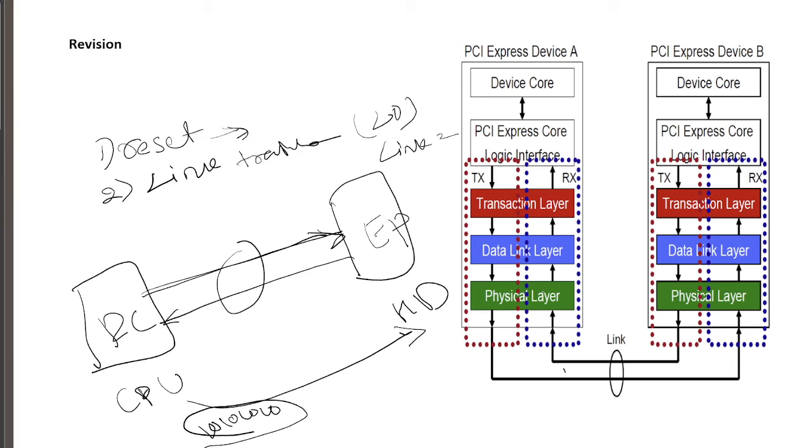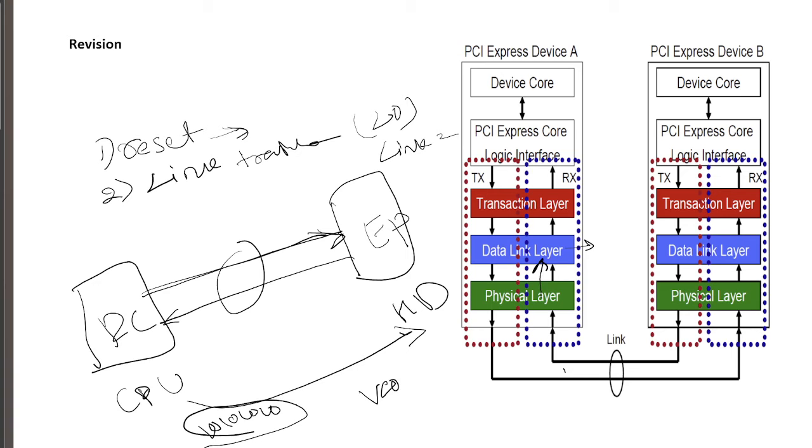So once the LTSSM FSM reaches L0, the physical layer tells the data link layer that the link is up. Once the link is up, the data link layer does the initialization process. We will use some buffers, which we call virtual channels. How initialization happens, we'll see in the data link layer.